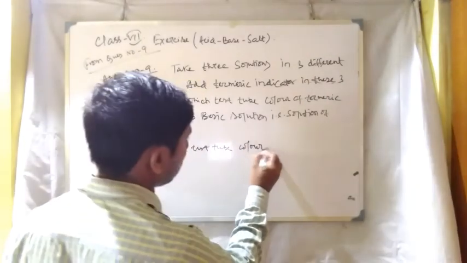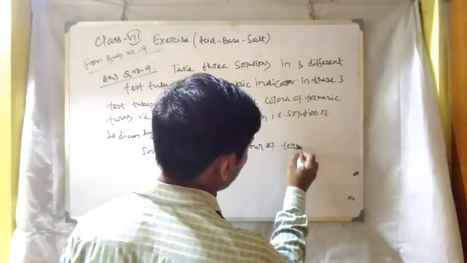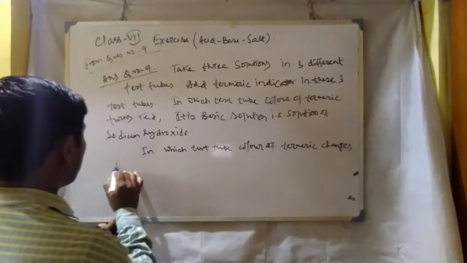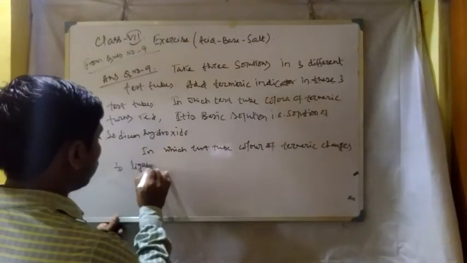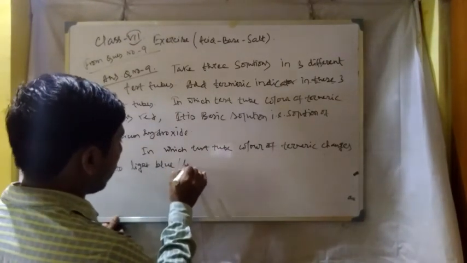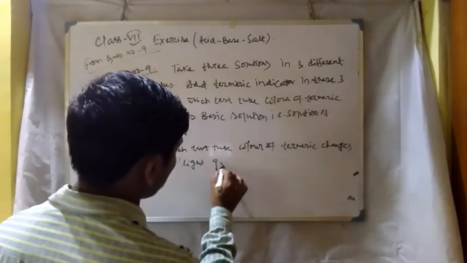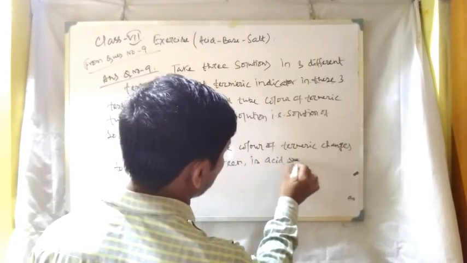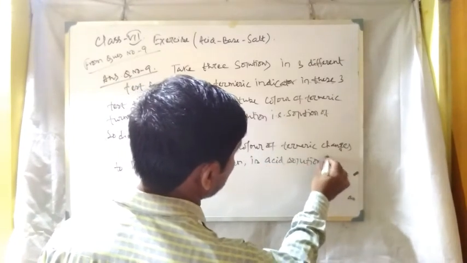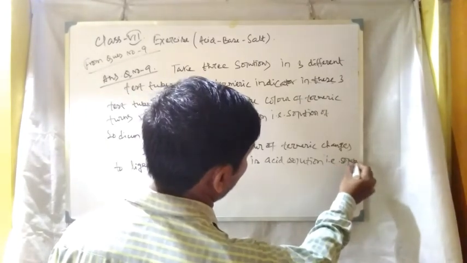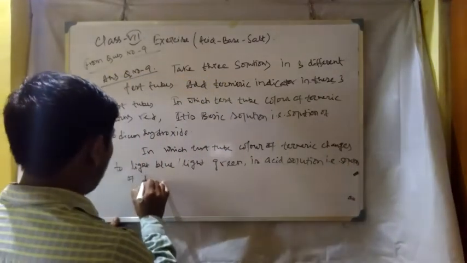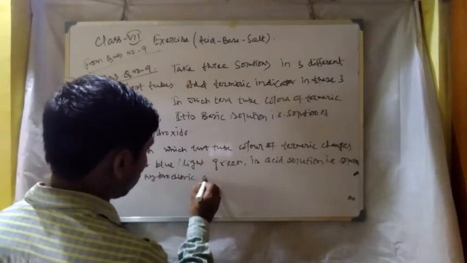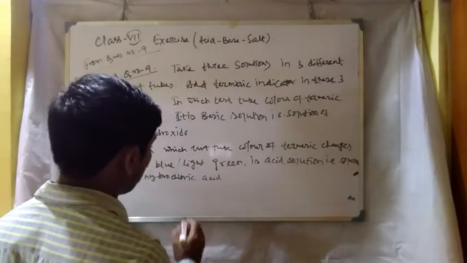color of turmeric changes to light blue or light green is acid solution, that is solution of HCl or hydrochloric acid, hydrochloric acid, full stop.